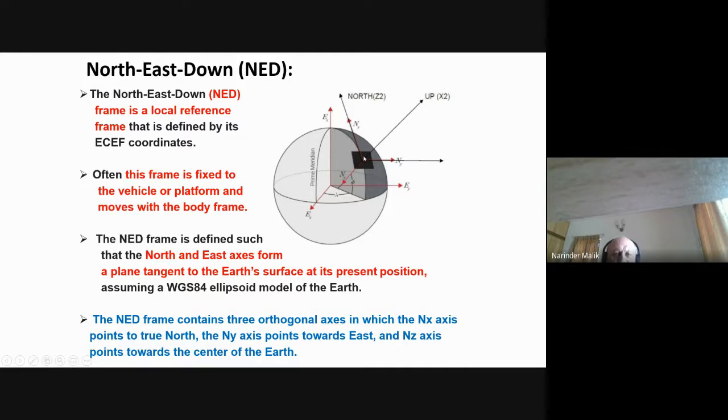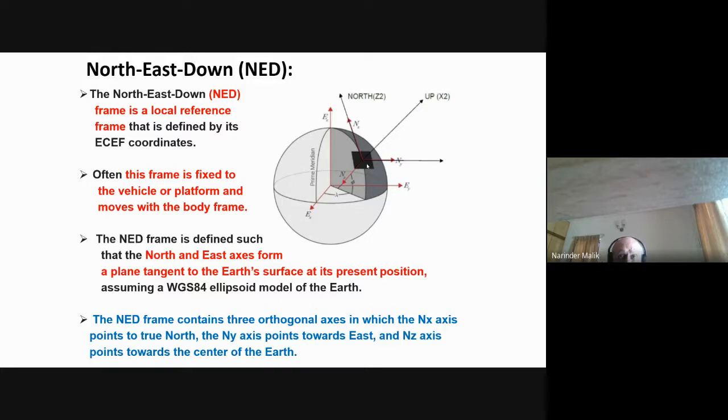Now, like I told you, the Earth's magnetic field model is referred to either NED or NEU. I don't remember, one of the two. Now, our satellite is moving, and the Earth is rotating, and the satellite is moving continuously.